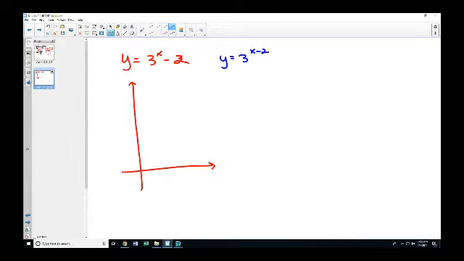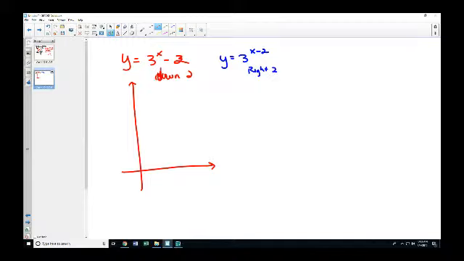So this is going to be an x movement, which direction? Left. Right, too, remember? It's opposite. And this one is not with the x. It's a y movement. Yeah, it's a down two.